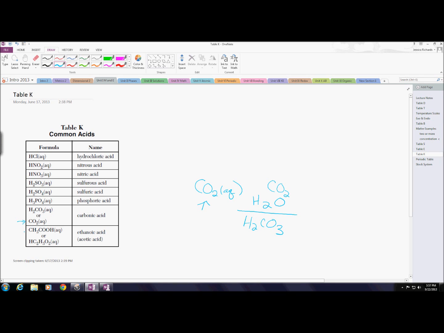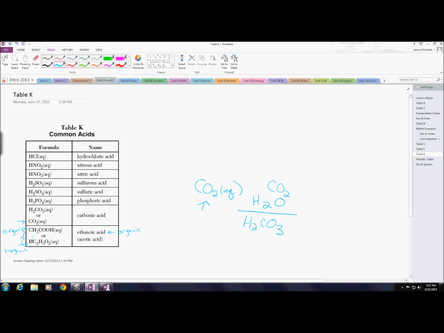Down here is another one that you should watch out for, ethanoic acid. This first way is the organic chemist way of writing ethanoic acid, CH3COOH. And ethanoic acid is going to be named using rules for organic chemistry. C2H3O2 is the inorganic chemist way of writing it.